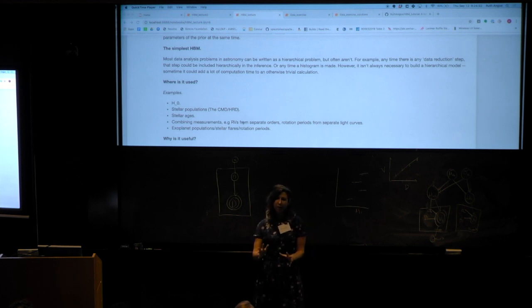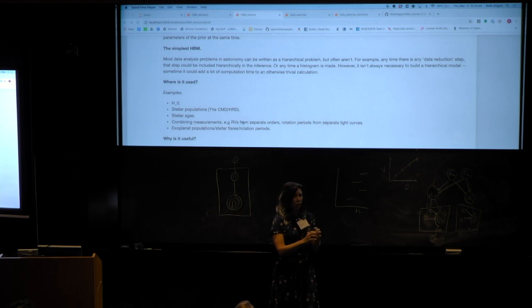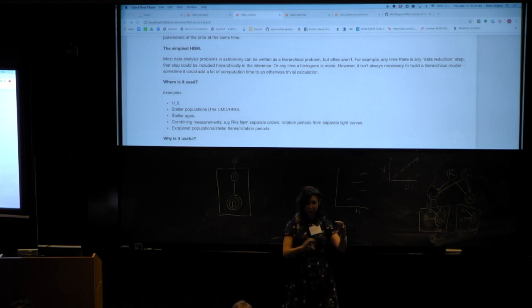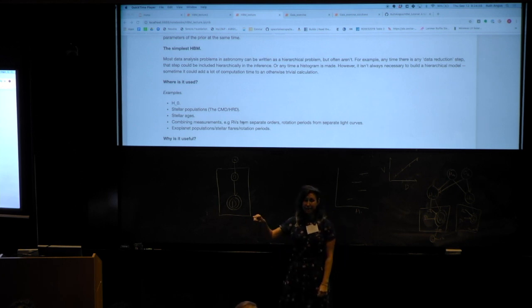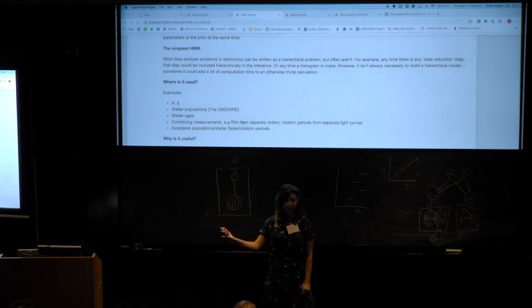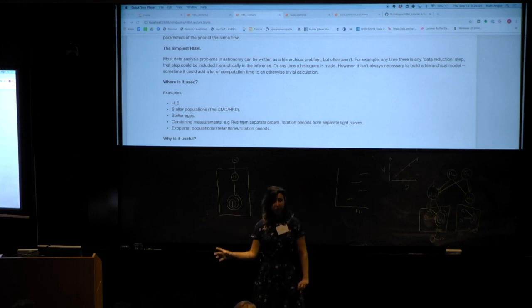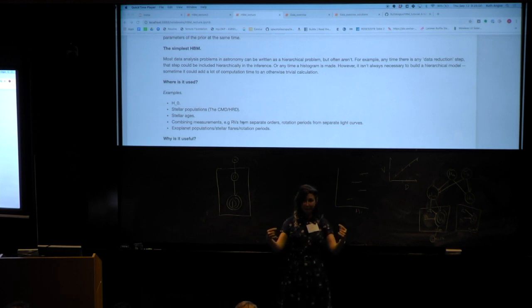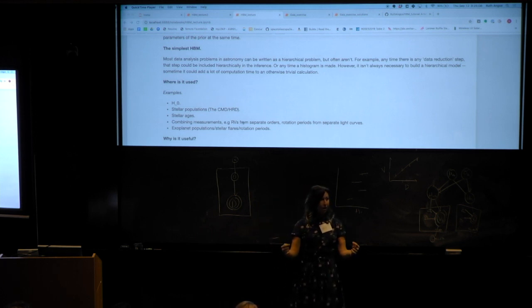When you get a spectrum, you often get many spectral orders if you have an echelle spectrograph. Typically people measure an RV, a radial velocity, from each spectral order, and then at the end they take the mean, the average, and say that's the radial velocity. But what you could do is infer the radial velocity from each spectral order at the same time.